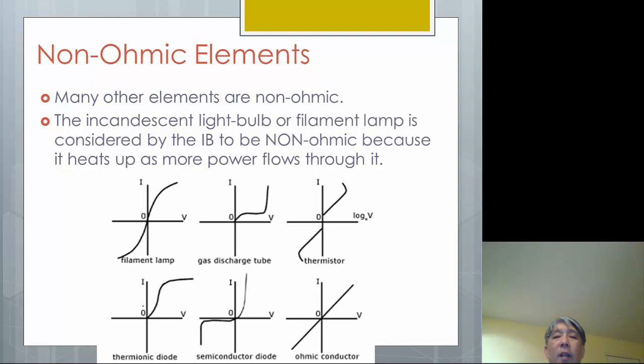However, there are many elements that we will encounter that are non-ohmic. In particular, the IB says that you must understand this old standard incandescent light bulb, and these are phasing out, so it wouldn't surprise me if IB starts to take this out of their physics as well. But the incandescent light bulb is considered to be non-ohmic.